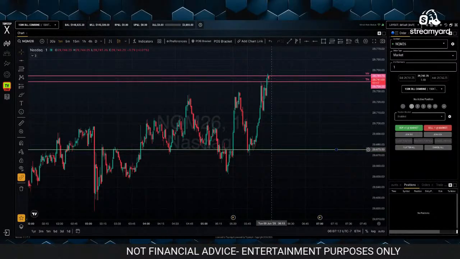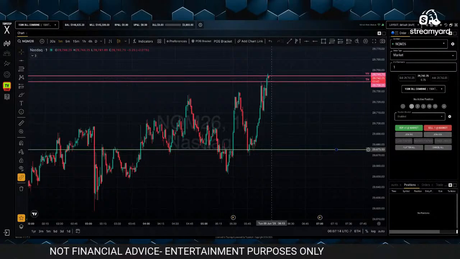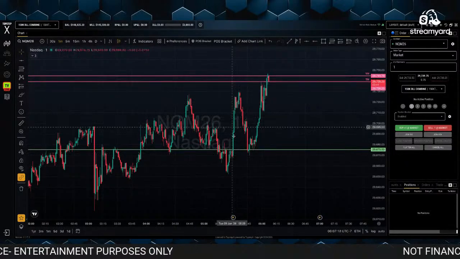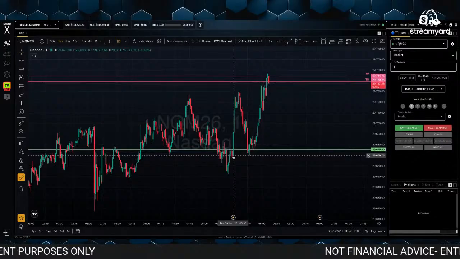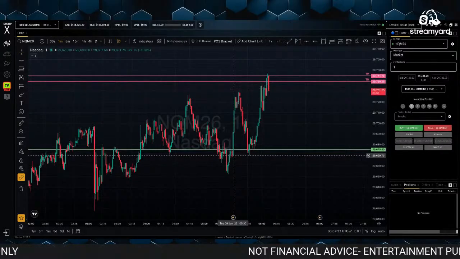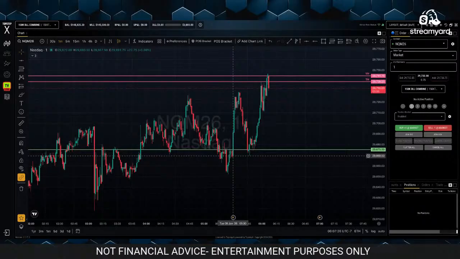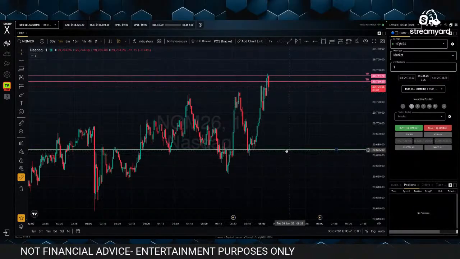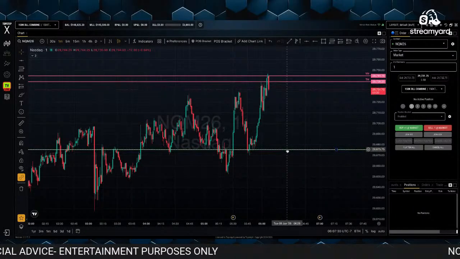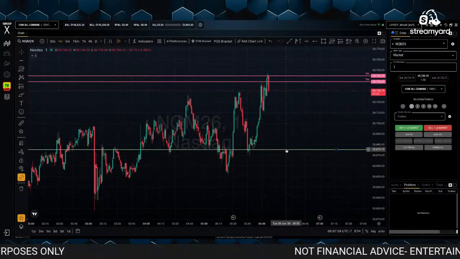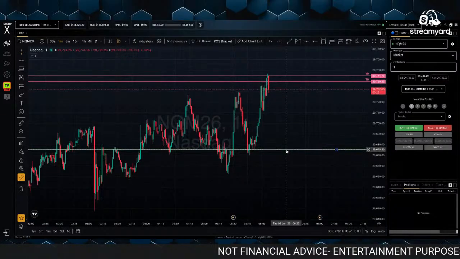A lot of times for NAS, it likes to come and retrace this move before it decides what it wants to do. So that makes this line something to really keep an eye on, to see what it does in this area.